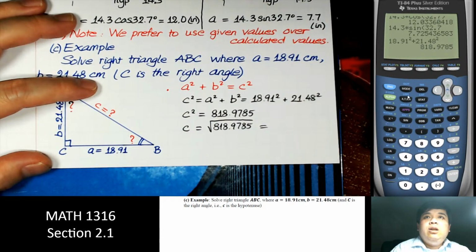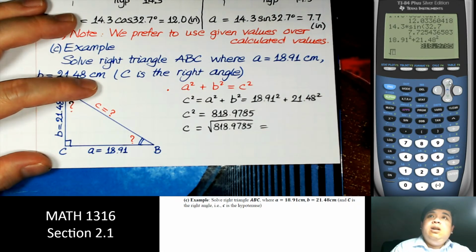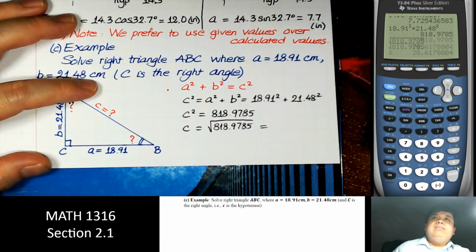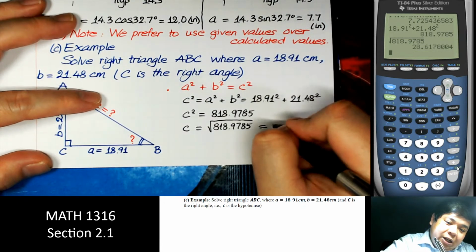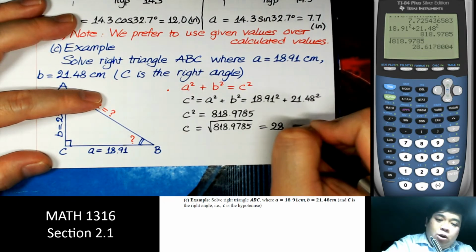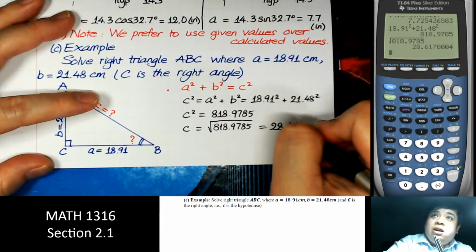So square root, and we can just go up, highlight the number, and hit enter, so that's copy and paste. 28.6178.